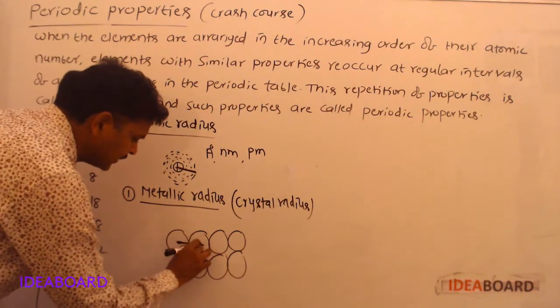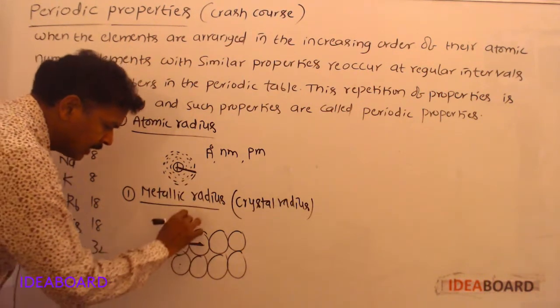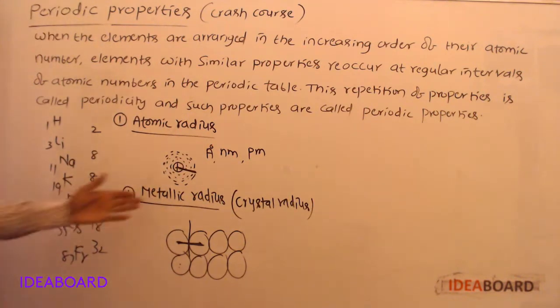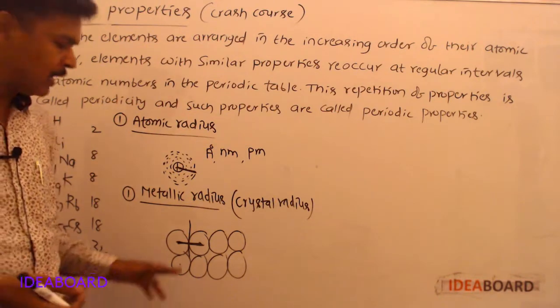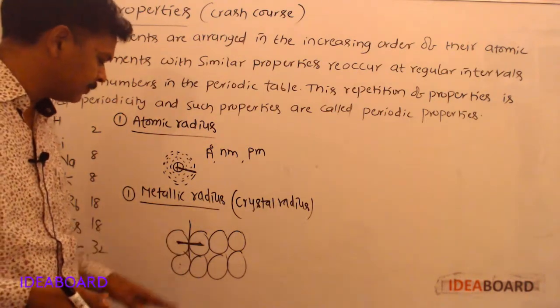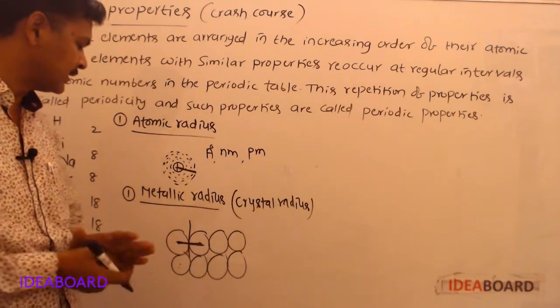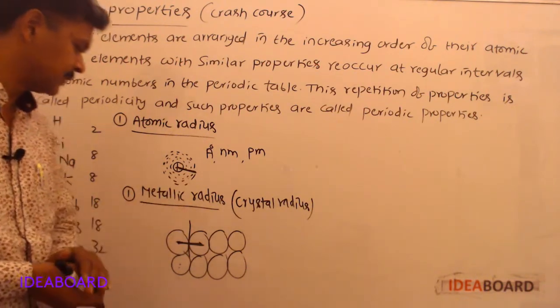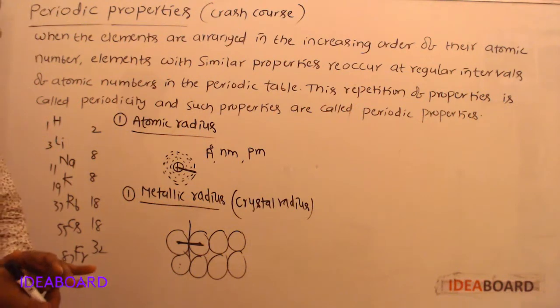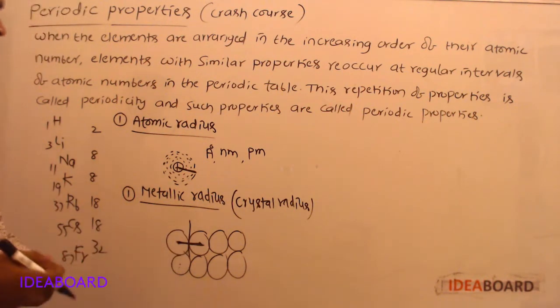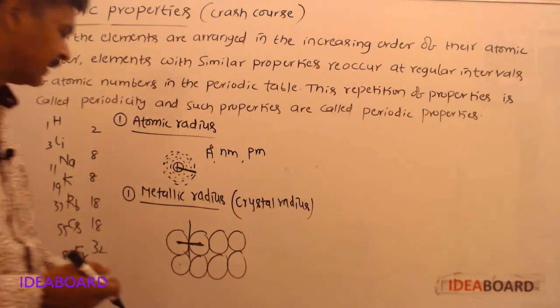Half of this distance is metallic radius. So this can be defined as half of the internuclear distance between two adjacent metal atoms in a crystal lattice is called metallic radius.